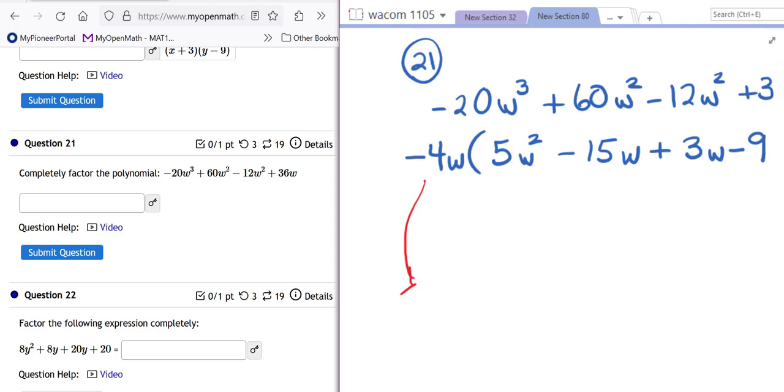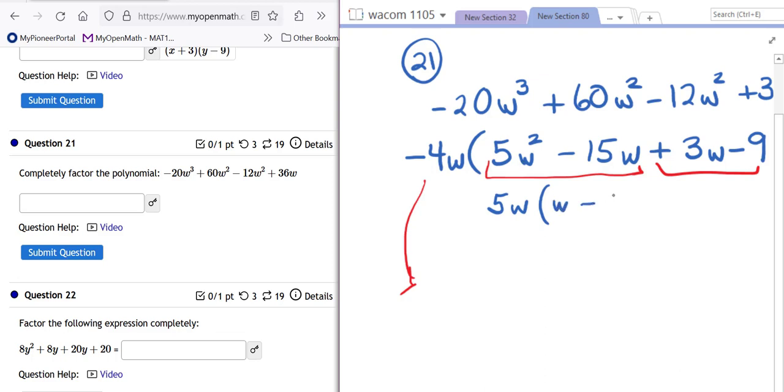So this will just come down. We're going to try grouping on this problem. Just in this group we can take a 5 and a W. And that leaves us W minus 3.